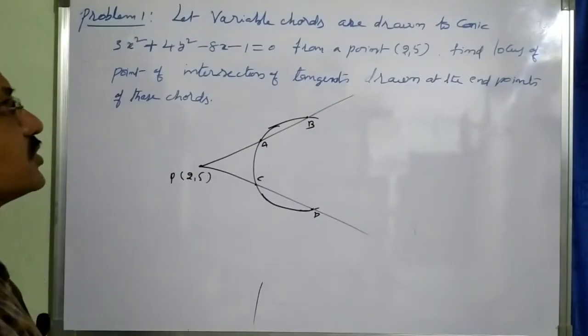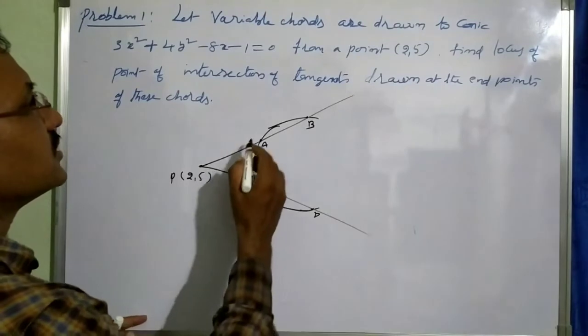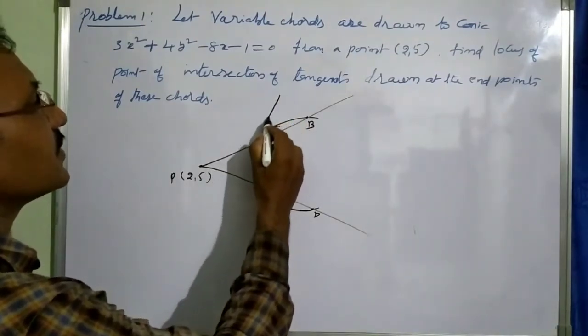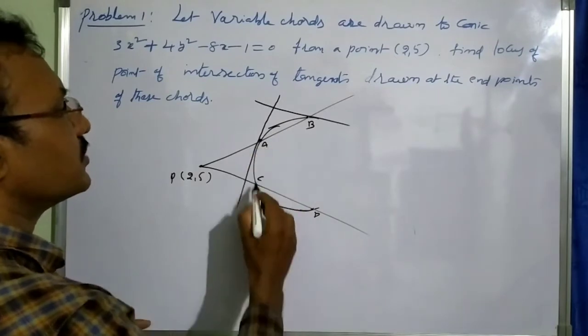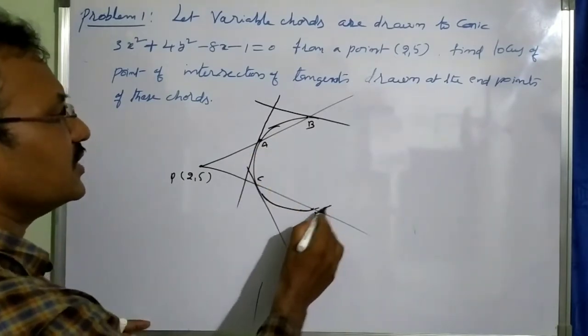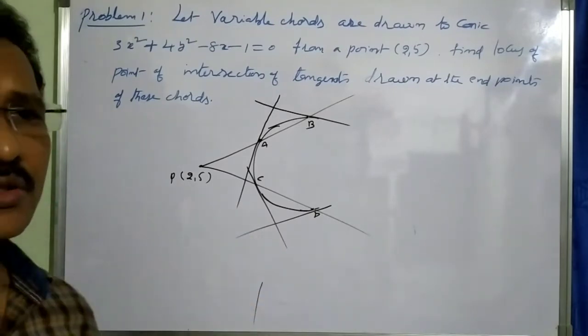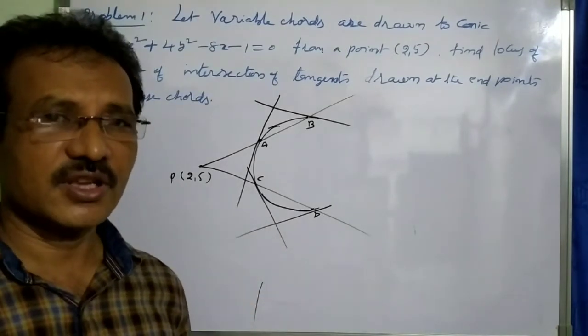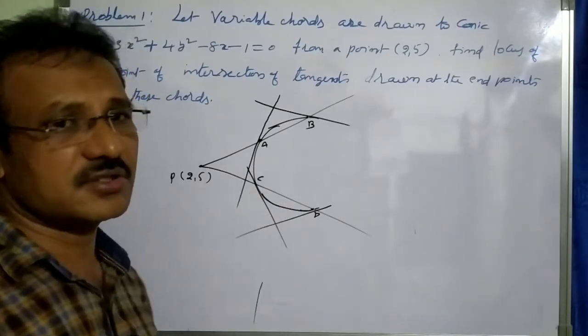Find the locus of the point of intersection of tangents drawn at the end points of these chords, means from A and B, and from C and D. You can draw as many tangents as possible at the end points of these chords.